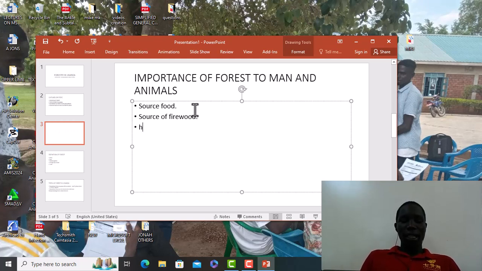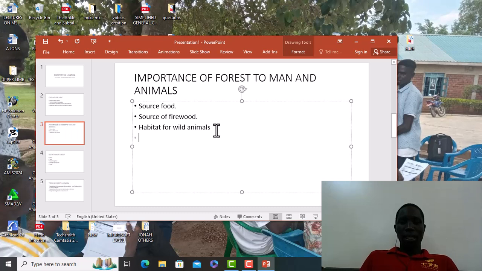And another one acts as a habitat for wild animals, and providing shelter to them. As in your slide, you need to be brief. You just explain while having those points: source of food, source of firewood, habitat for wild animals.